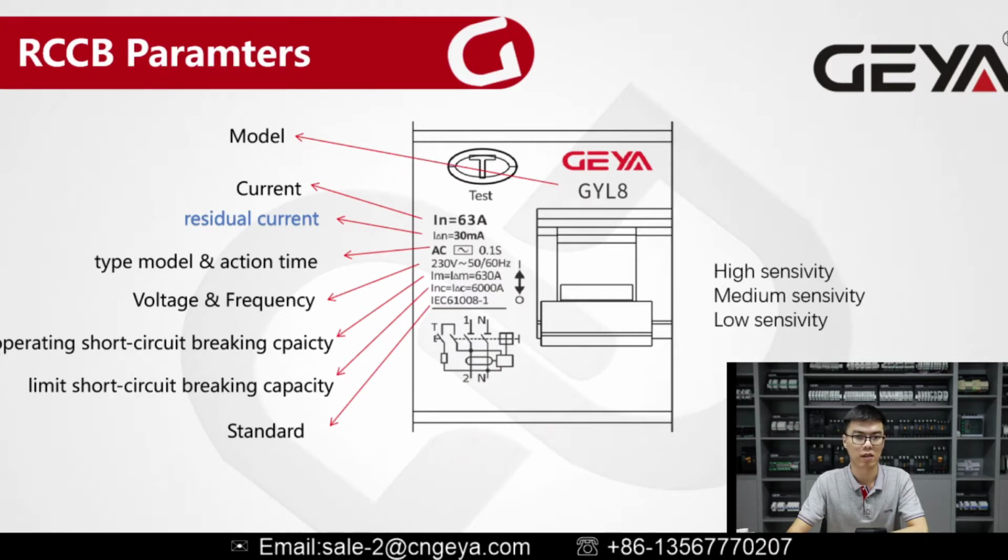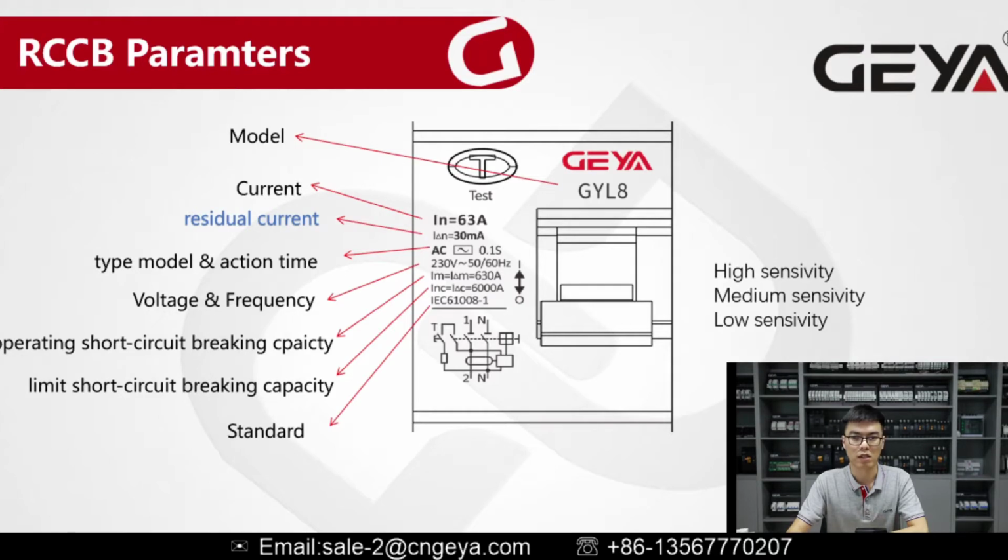And third, you can find the current. This one is 63 amperes. The RCCB GYL8 we can do from 16 amperes to 63 amperes. Below the rated current, you can find the residual current.